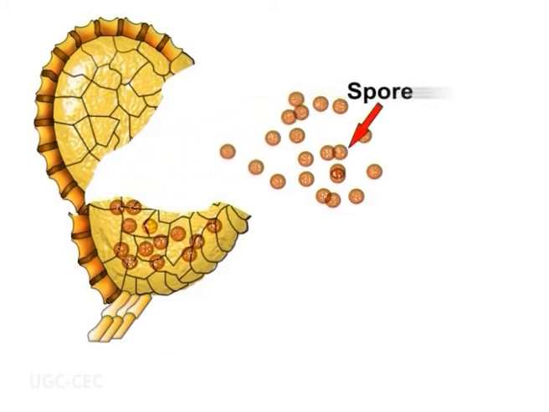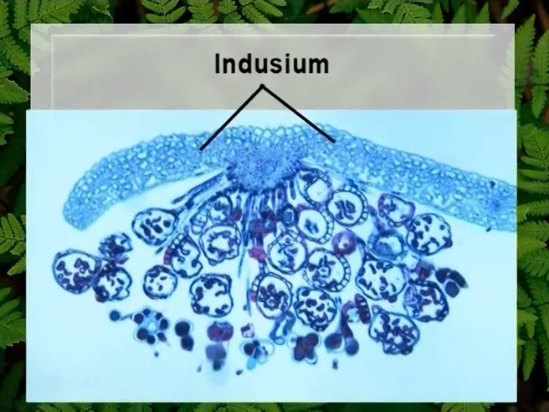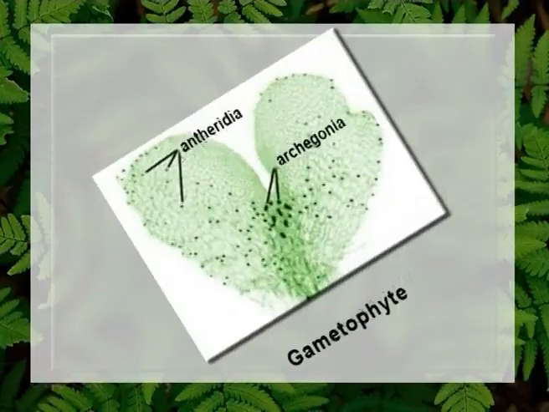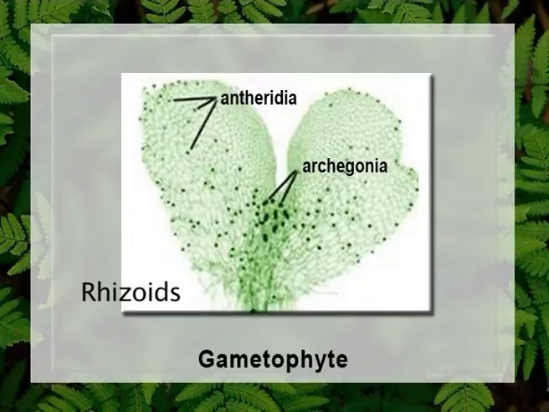The sorus may or may not be covered by a flap of tissue called the indusium. Here in pteridophytes, the gametophyte is a small, heart-shaped structure covered with rhizoids on the lower surface but without vascular tissue. The antheridia are borne among the rhizoids and the archegonia occur close to the gametophytic apex.